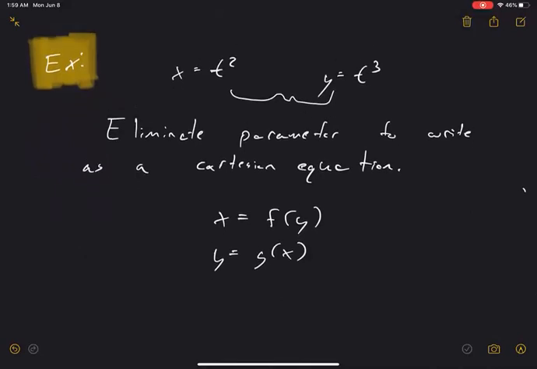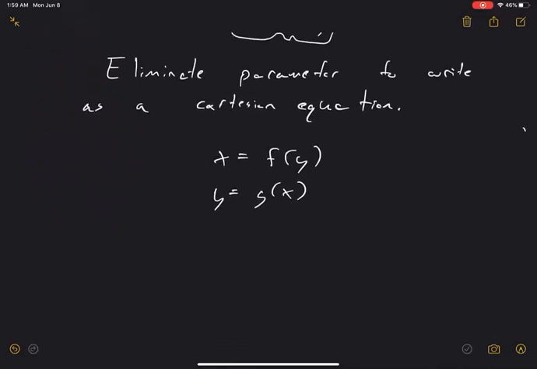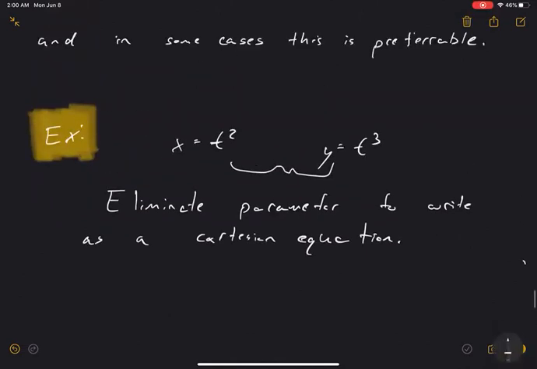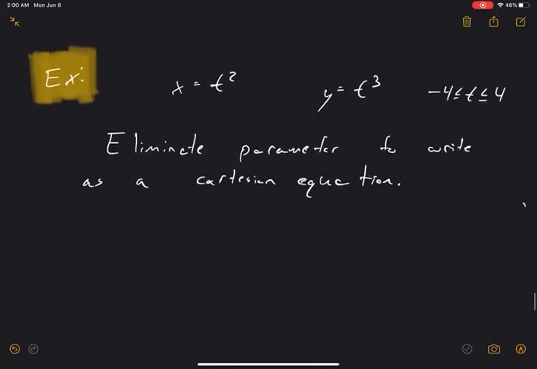So for example, let's say we had t between 4 and -4. So let's say in this problem we were also given a condition like this. All right, let's first think of what this looks like.